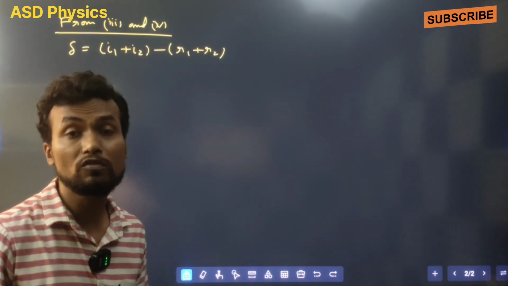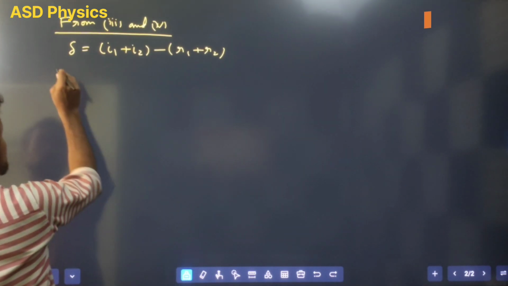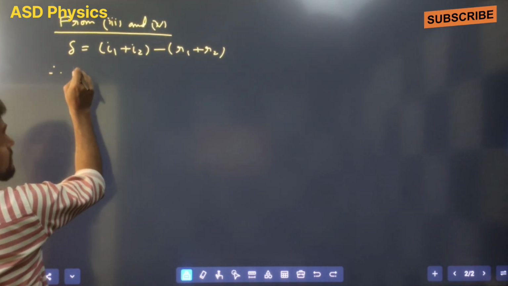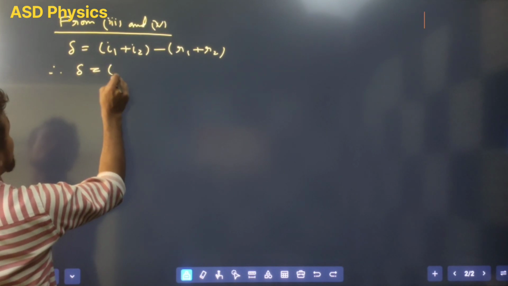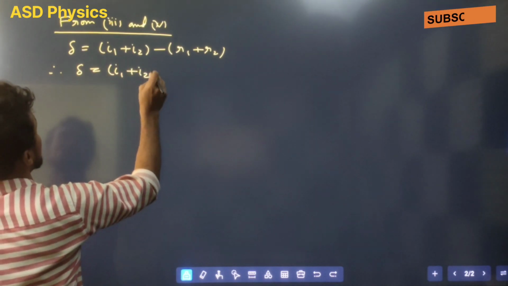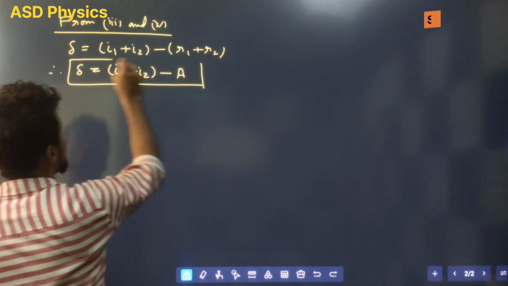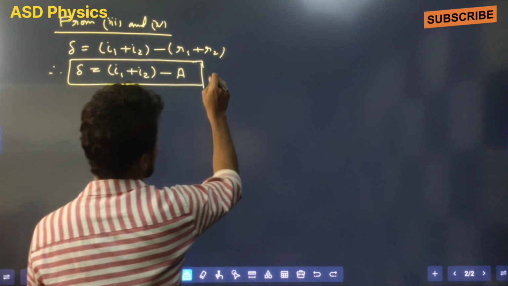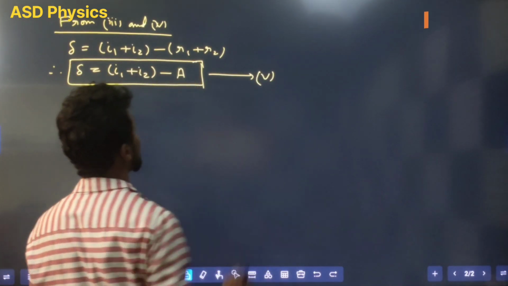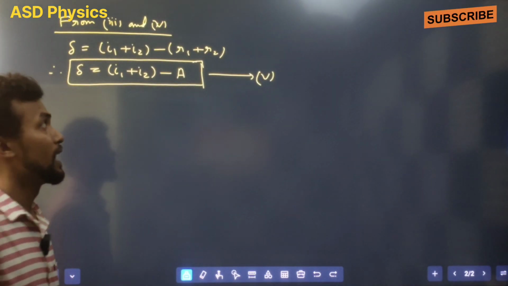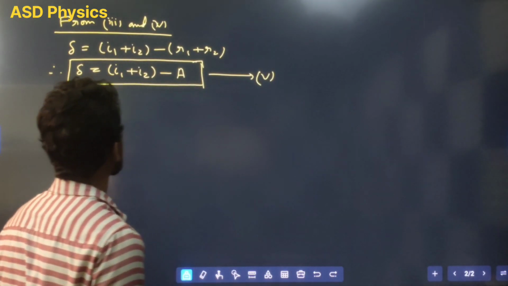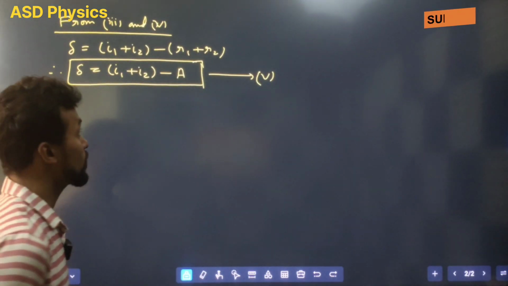And from equation 4, the value of R1 plus R2 is A. So we can write delta equal to I1 plus I2 minus A. This is a very, very important equation. I have taken this as equation number 5.